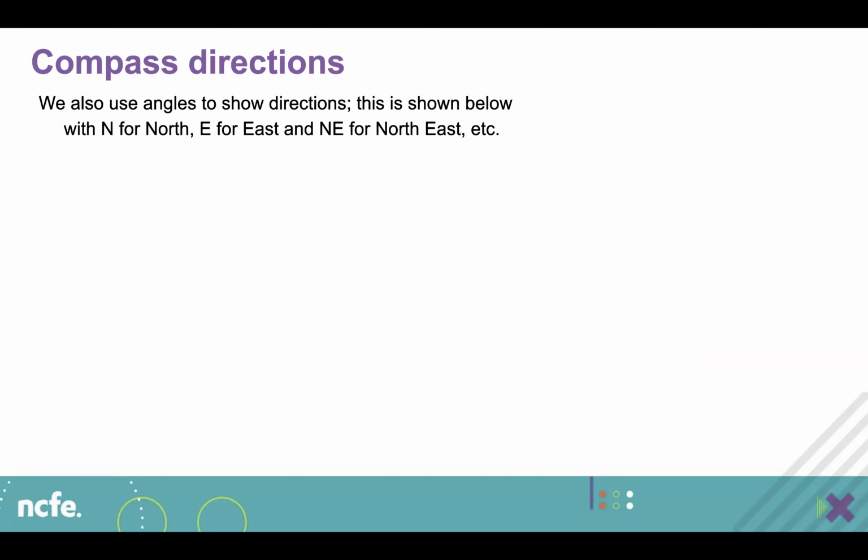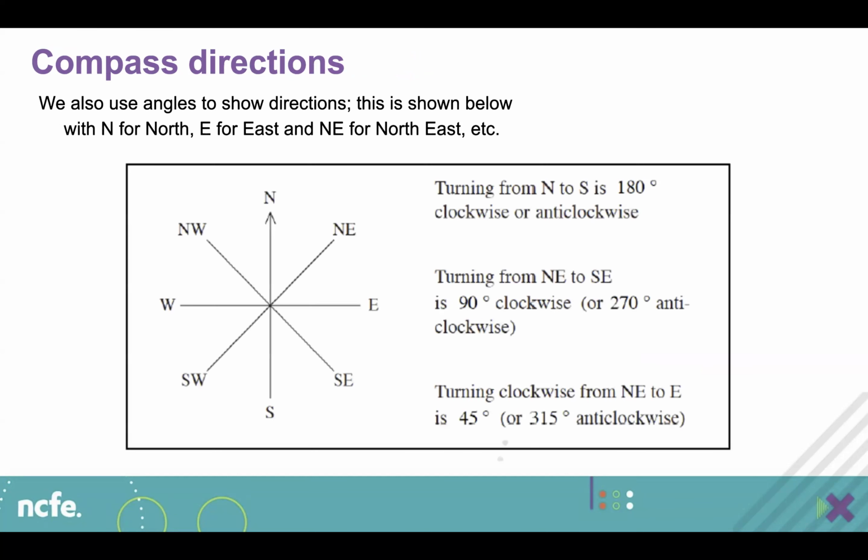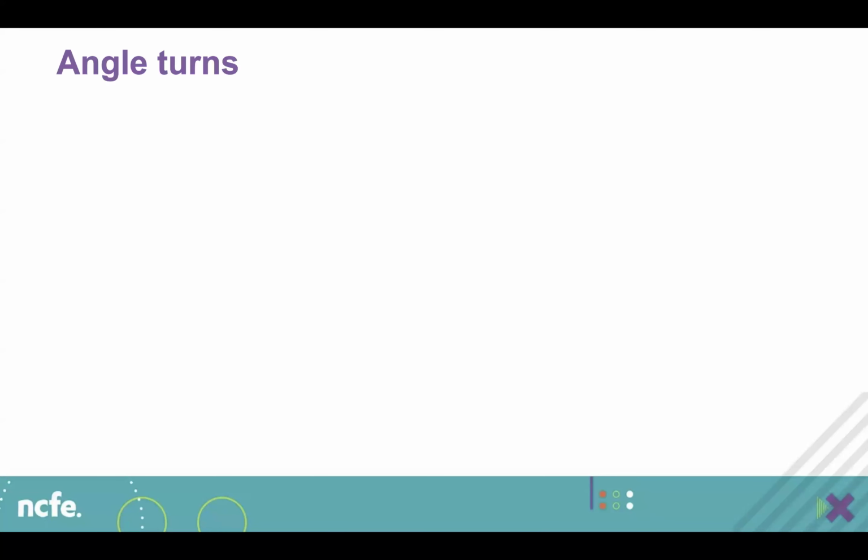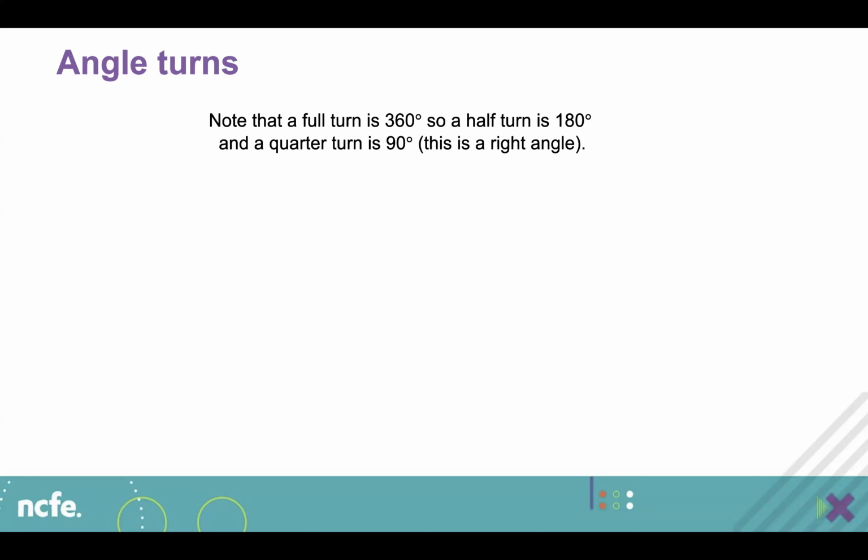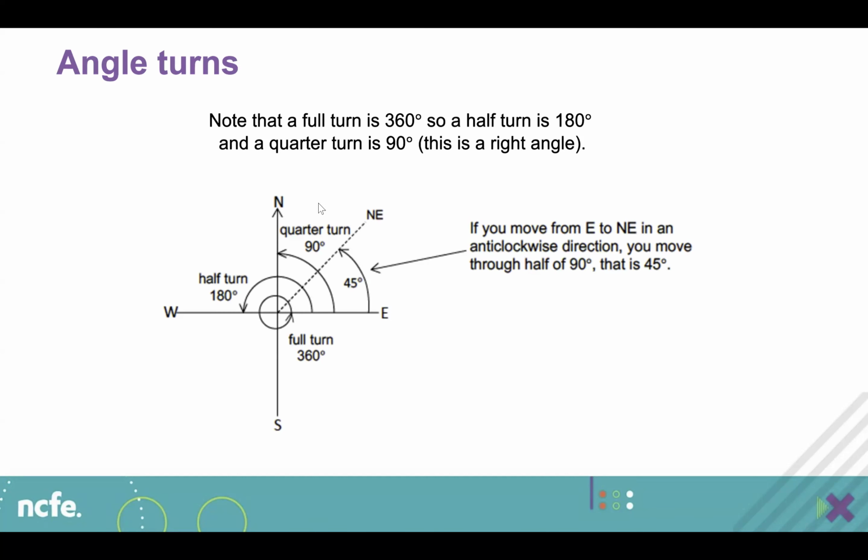Compass directions: we also use angles to show directions. This is shown below with N for north, E for east, and NE for northeast, etc. Note that a full turn is 360 degrees, so a half turn is 180 degrees, and a quarter turn is 90 degrees, which is the right angle.